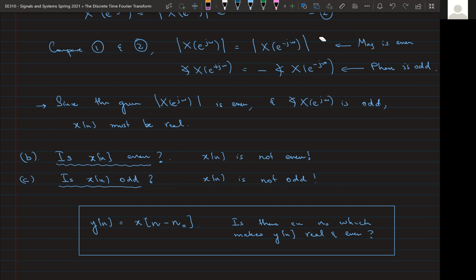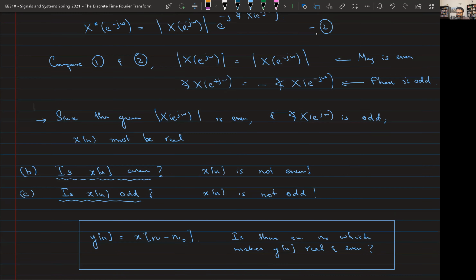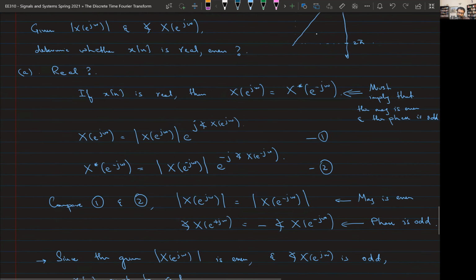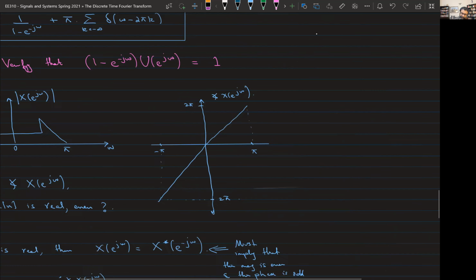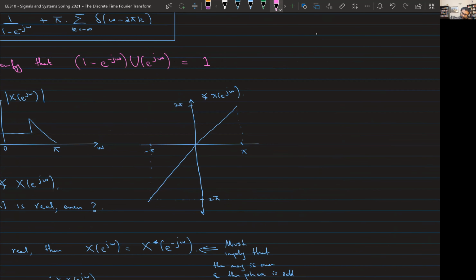Student: Can you tell again the condition for even, how to tell from the graph? Right, so for even, let me do it here. Okay, if x[n] was even, then X(e^{jω}) must be equal to X(e^{-jω}).